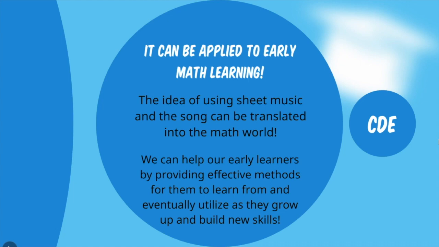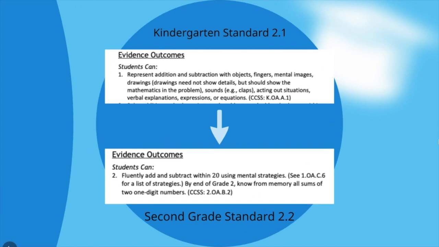You can see this scaffolding of skills in the Colorado academic standards. In kindergarten, standard 2.1, students are expected to be able to represent addition as well as subtraction with objects, fingers, mental images, drawings, as well as sounds, which I'll be highlighting today, as well as acting it out, verbal explanations, expressions, and equations, and so on.